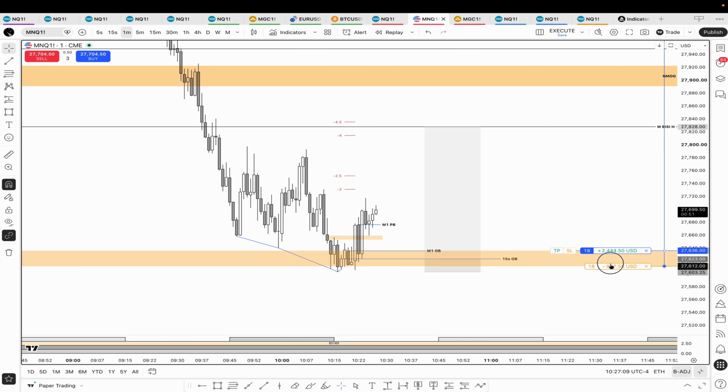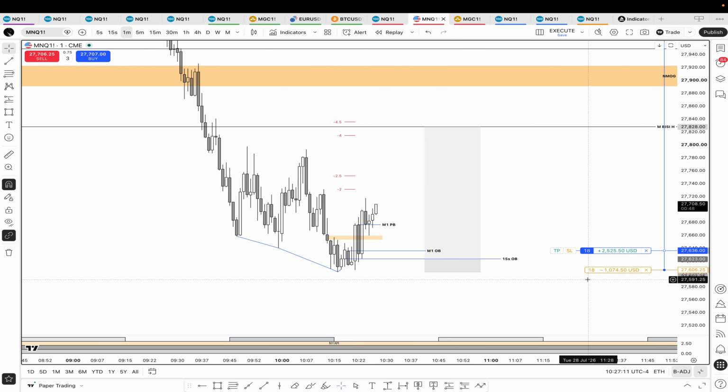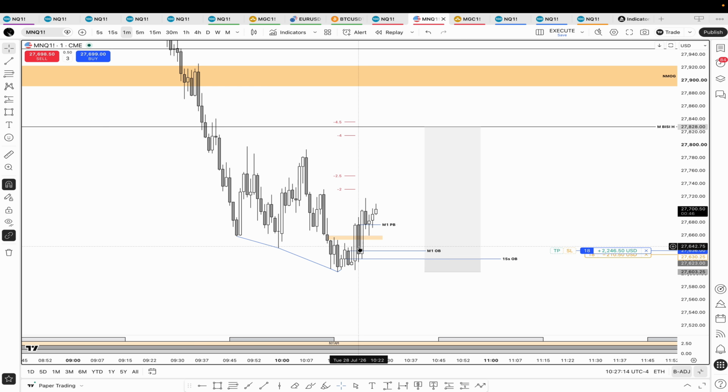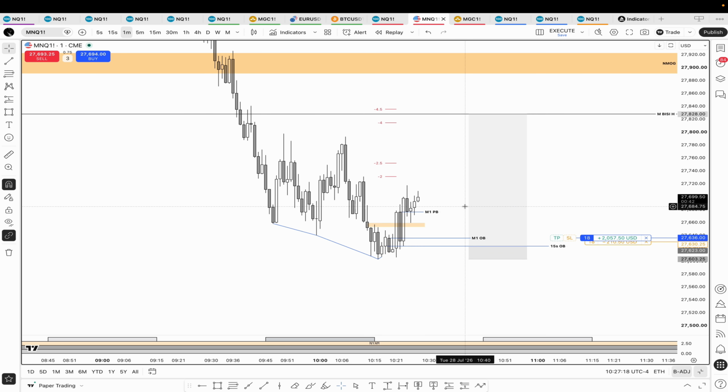And in fact, this position risk can be reduced down to the closing of the M1 propulsion block. And we can see bodies being very sensitive around the M1 propulsion block. So would now be looking for price action to maintain that sensitivity and then invite that buy side delivery in an expansive manner.